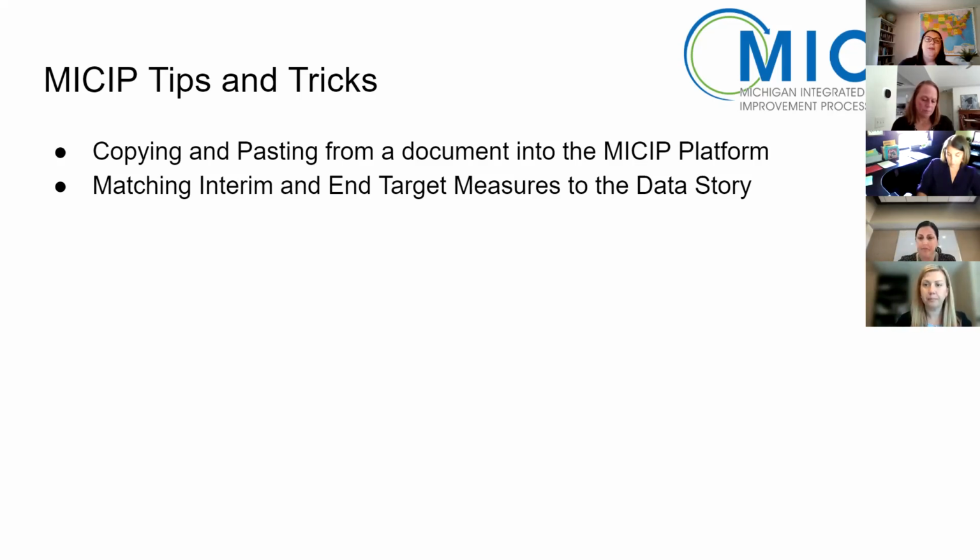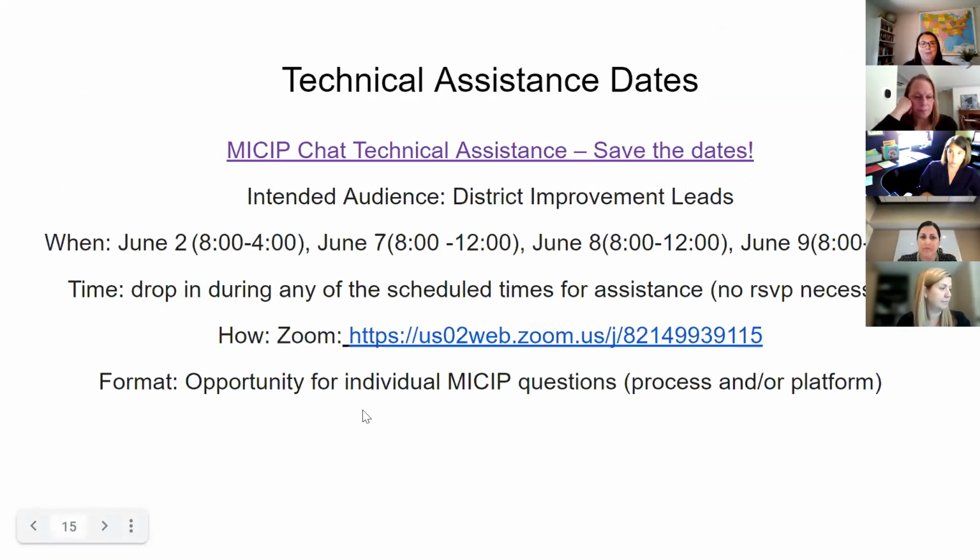So just a workaround, because we don't always have those things on hand. Sometimes in our root cause, we figure out we're missing something, and it becomes part of our action plan to begin to develop them. So just a few things to keep in mind as you're working through MICIP.